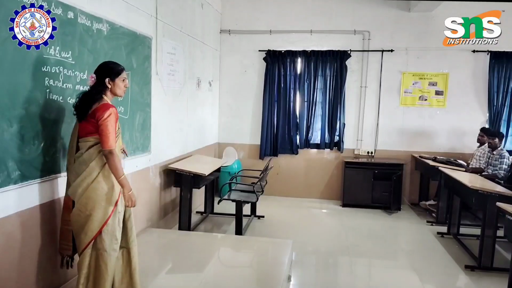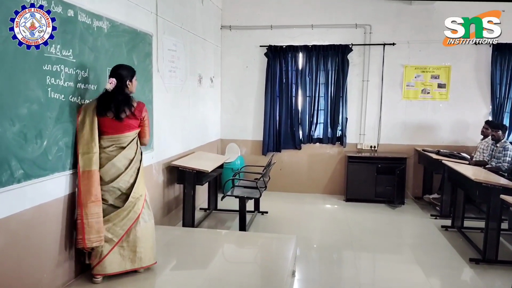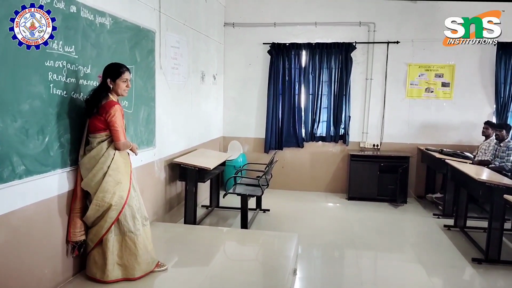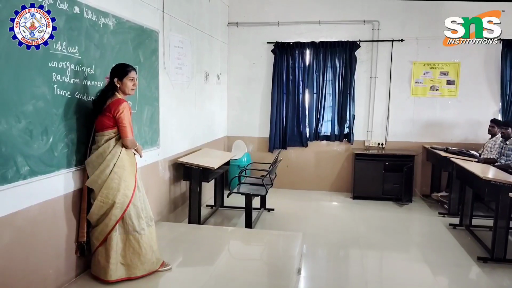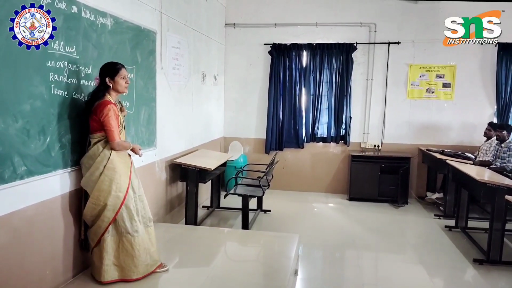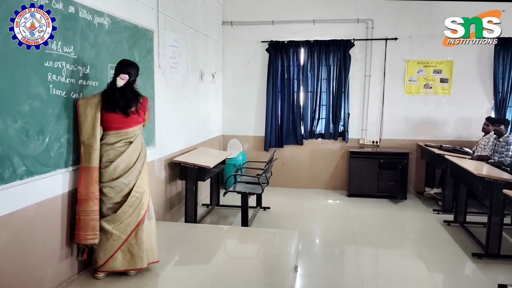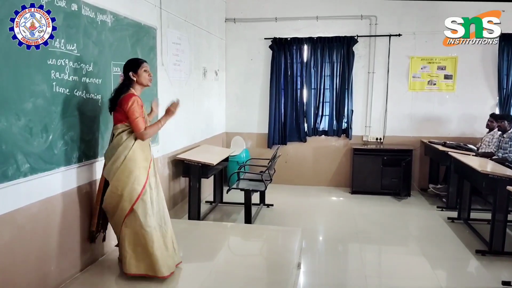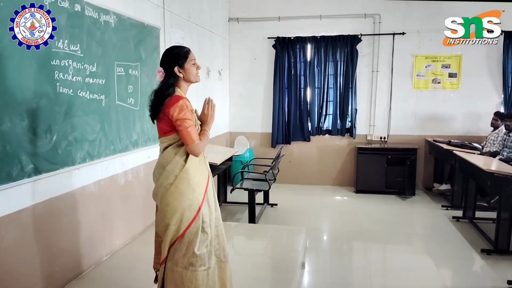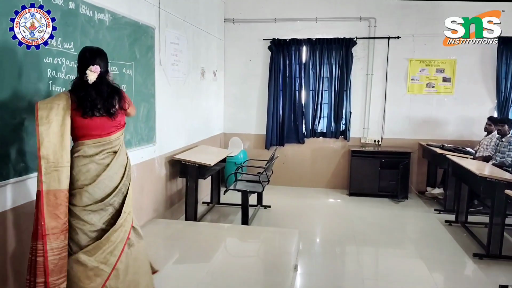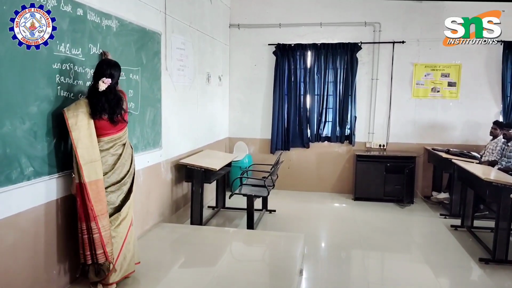Can you fetch the marks of x easily? If it is in this random manner, can you? No. So for making the computer memory organized, we use a concept called data structure.